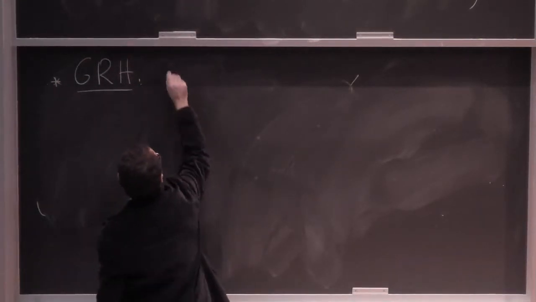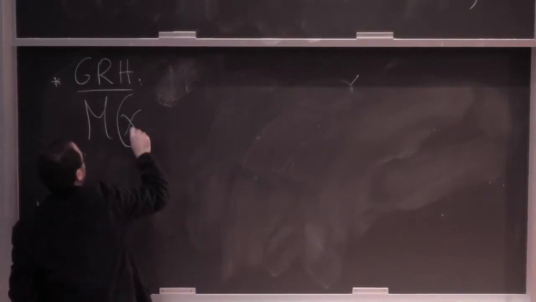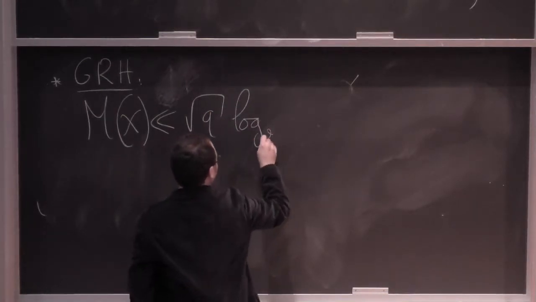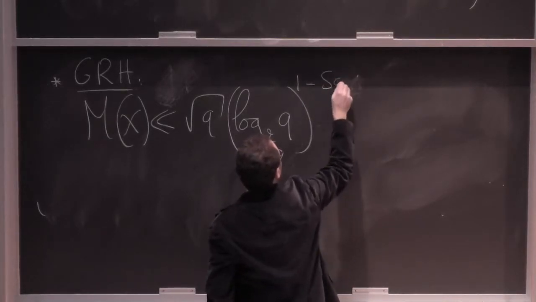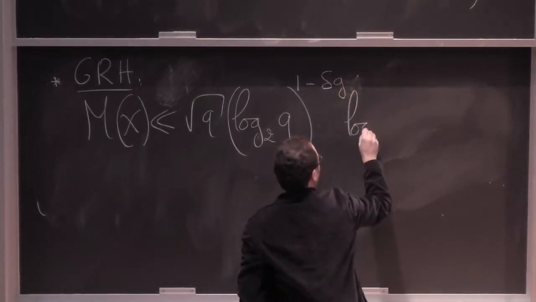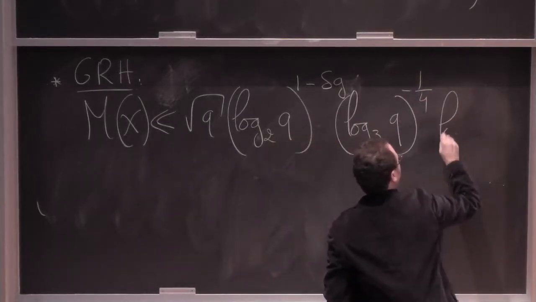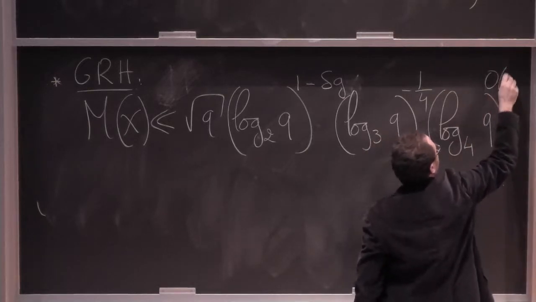And on GRH, you can do the following. So less than square root q. You improve the one before, so you get 1 minus delta g, log triple, minus a quarter, and a fourth power of log big 1. Okay.